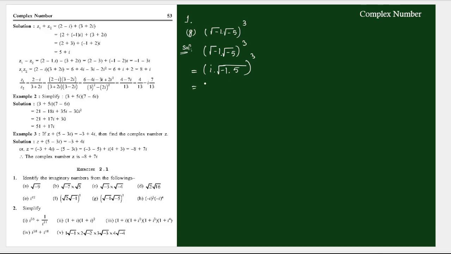Then we can break them now. Since root over -1, you can break them like this: root over -1, again in whole cube. Then root over -1 is nothing but i, so you write down i, then you write down root over 5 whole cube.